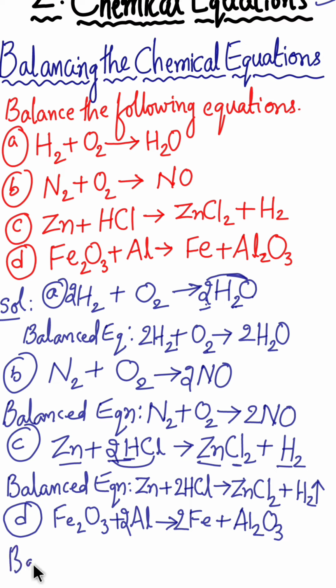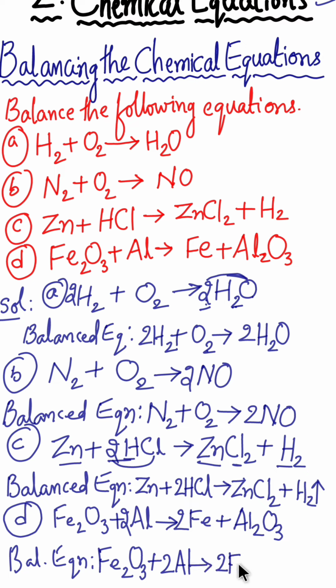Now the balanced chemical equation is Fe2O3 plus 2Al gives rise to 2Fe plus Al2O3. Got it?